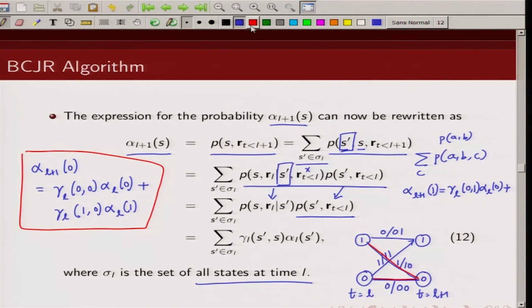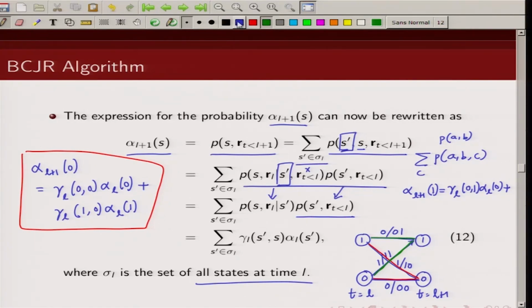This is corresponding to this transition, gamma L with initial state 0, final state 1, and alpha at time L 0, plus this another transition which is this.